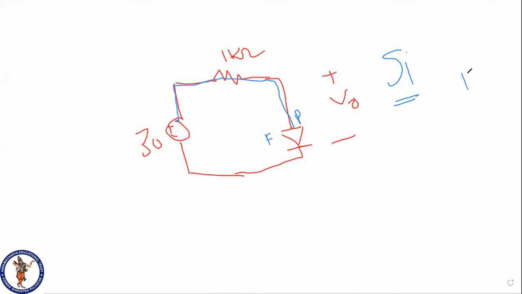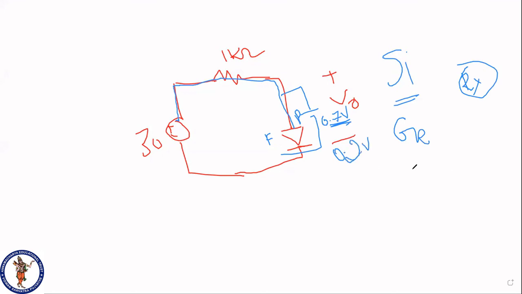The resistance is not given for the forward bias, so we can replace this diode with a voltage source, and the voltage is 0.7, because the built-in voltage for silicon is 0.7. If it is germanium, then the value becomes 0.2.